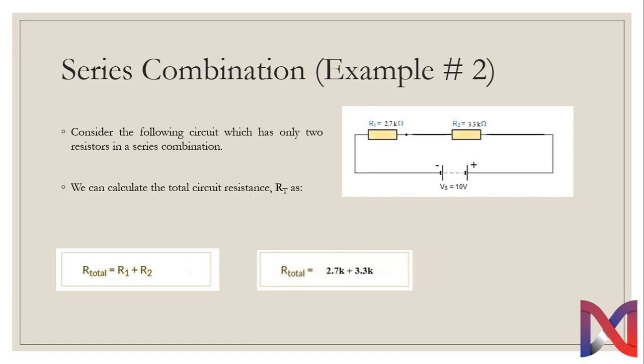R total will be 2.7 kilo ohm plus 3.3 kilo ohm, which will be equal to 6 kilo ohm. Here you must remember the fact that R1 and R2 will consume different voltages. R2 will consume a little more than R1 because the value of R2 is a bit greater. We will discuss this in detail in forthcoming labs in the voltage divider rule.